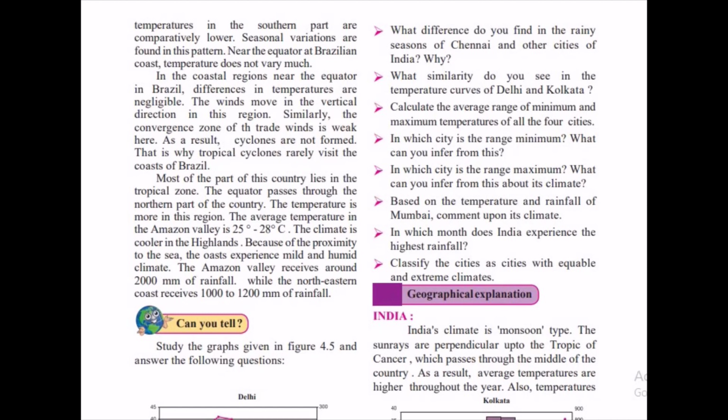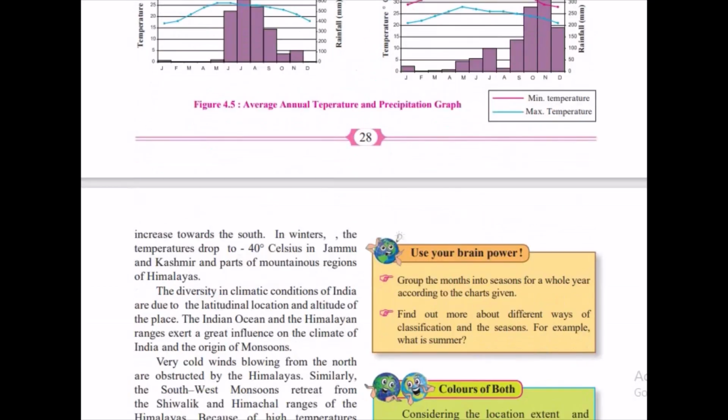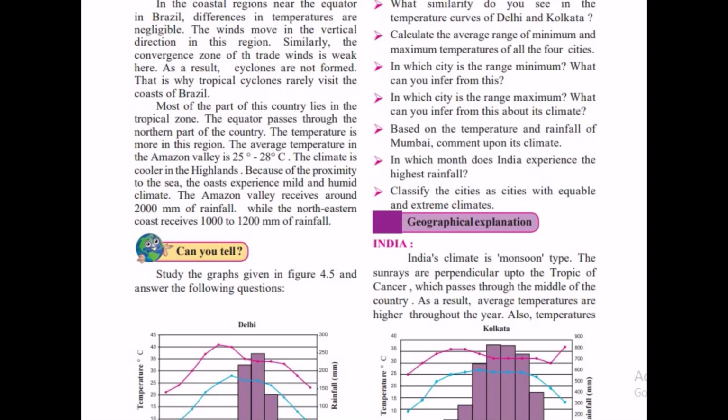We can also find the Amazon Valley receives around 2,000 millimeters of rainfall, while the northeastern coast receives 1,000 millimeters of rainfall. This is all about Brazil.